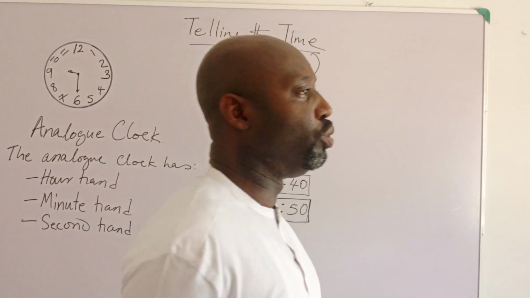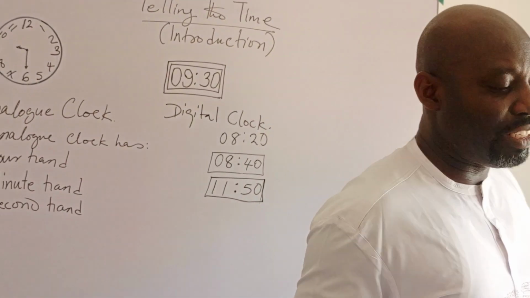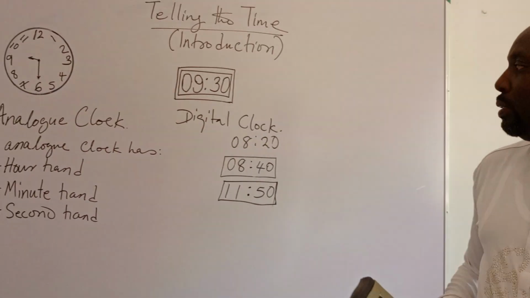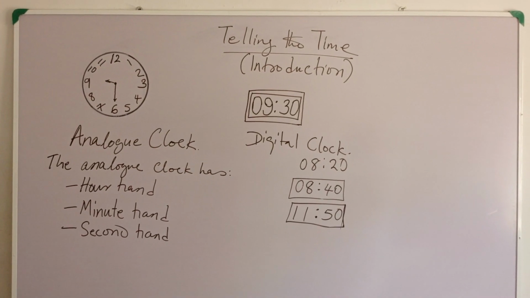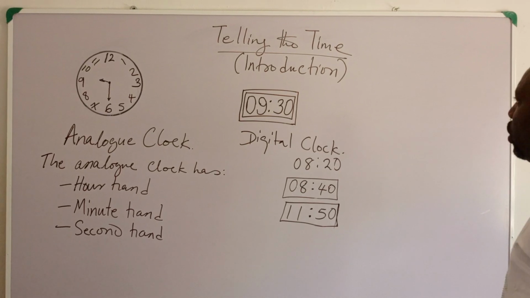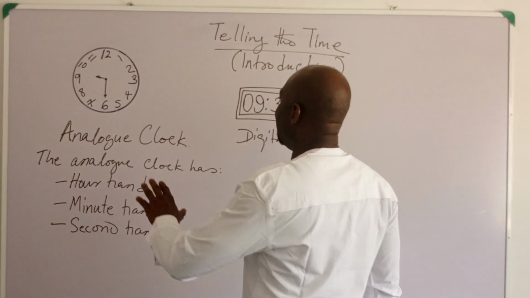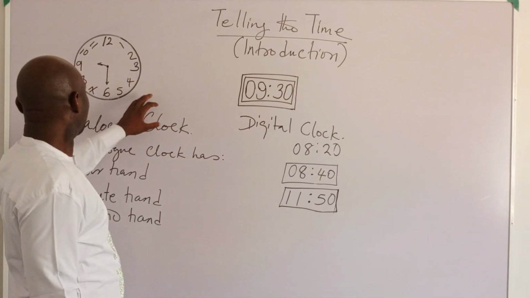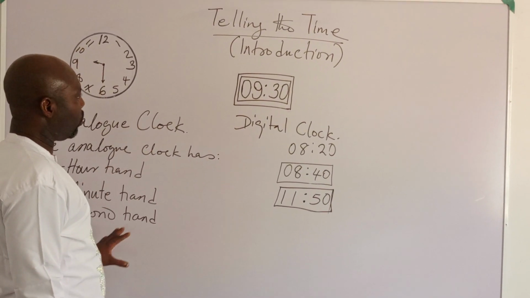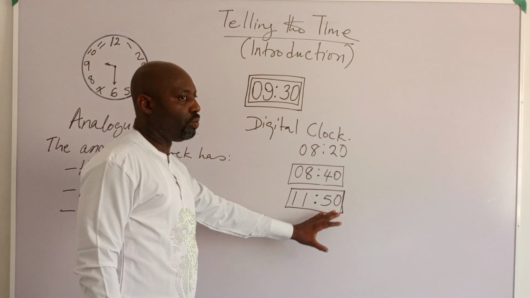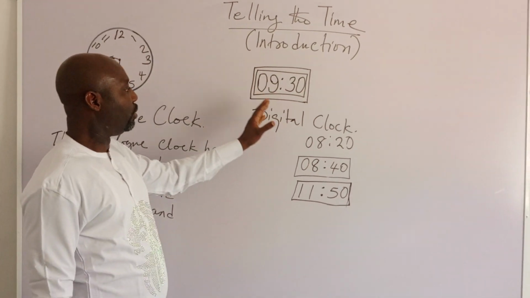I'm going to teach you in a very simplified manner so that you will easily learn how to tell the time. So we have the analog clock. We are going to start with this analog clock before the digital clock because this one came before this.